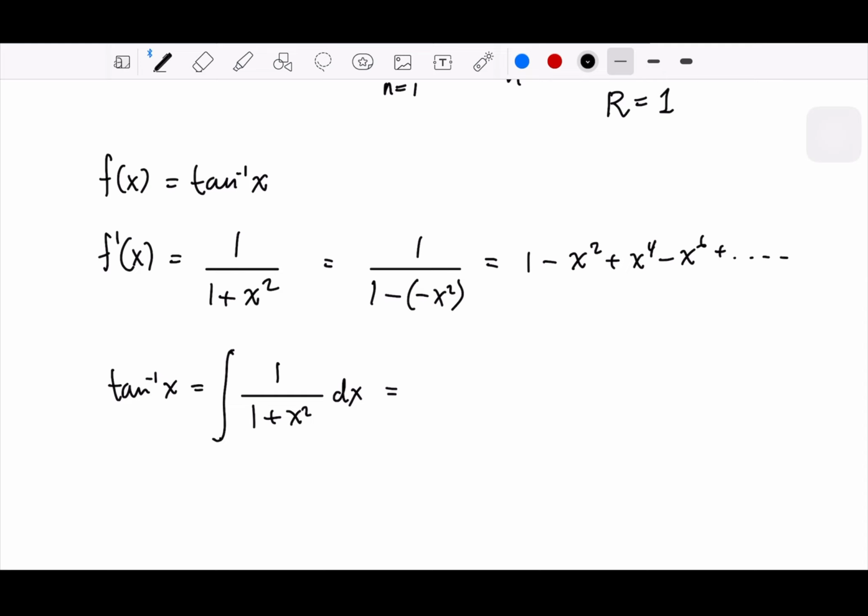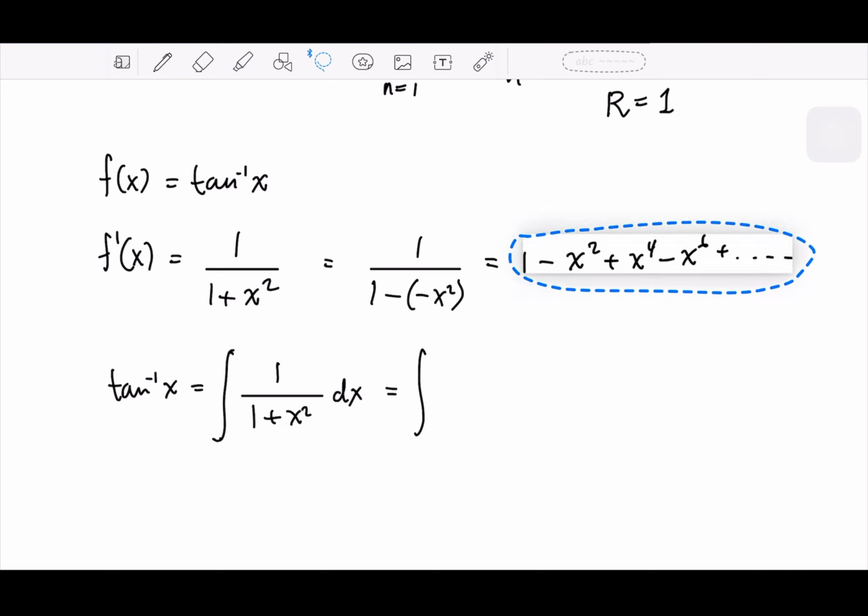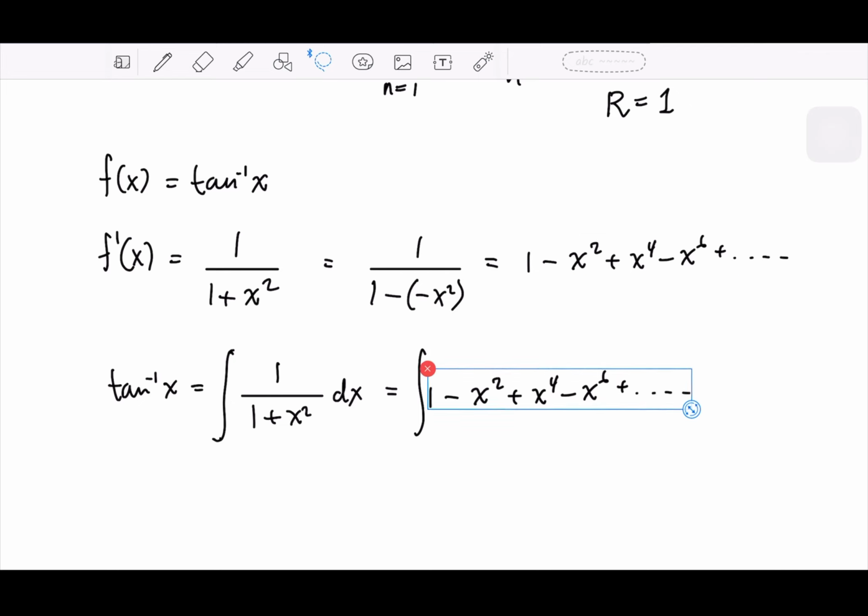So we can integrate. Let me just write this. Maybe let me just copy this. Okay.